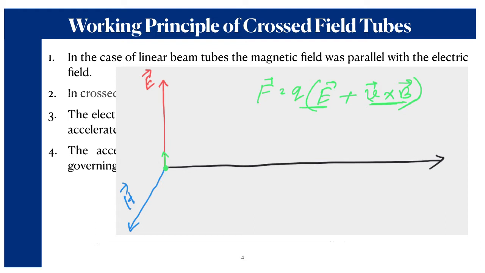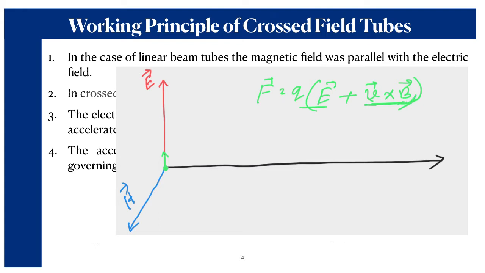Once the velocity becomes non-zero, the force due to the magnetic field gets applied to the particle. The force due to the magnetic field is expressed by the cross product of its velocity and the applied magnetic field.